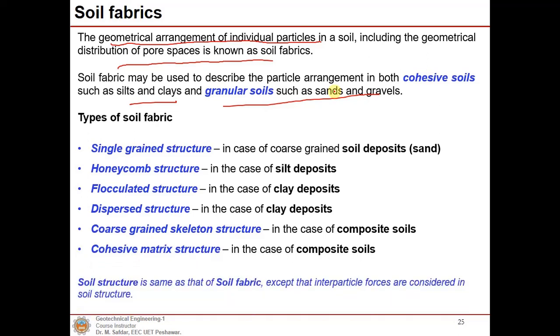Now, the difference between soil structure and soil fabric is that interparticle forces are considered in soil structure.